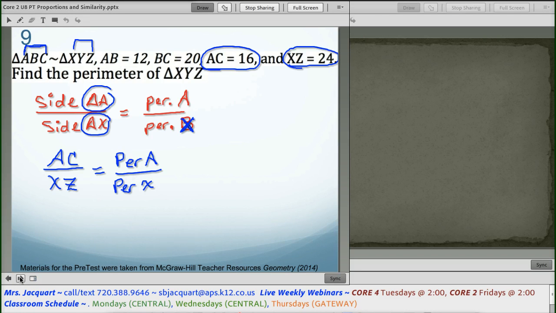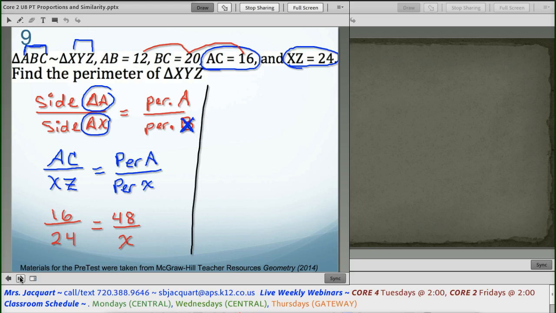Let's fill in the numbers that we know. We know AC is 16. We know XZ is 24. The perimeter of A is going to be 12 plus 20, which is 32, plus 16, which is 48. And we don't know the perimeter of the last one, so we'll use x. And then we will work on the other side, cross multiply.